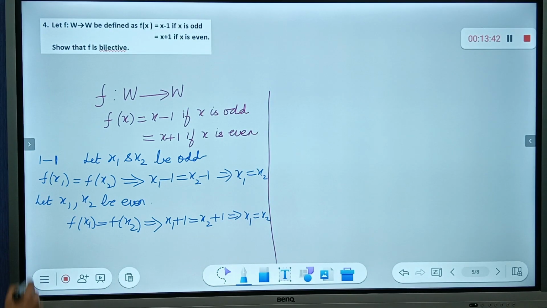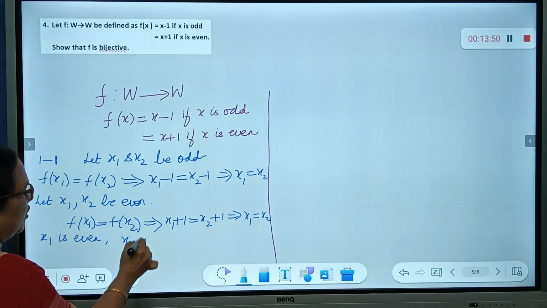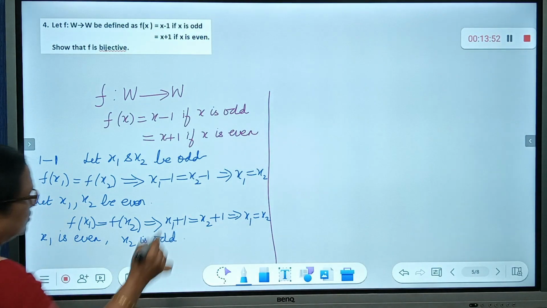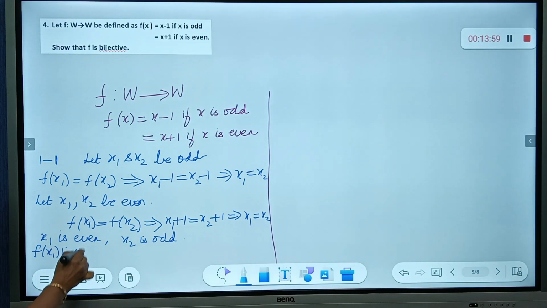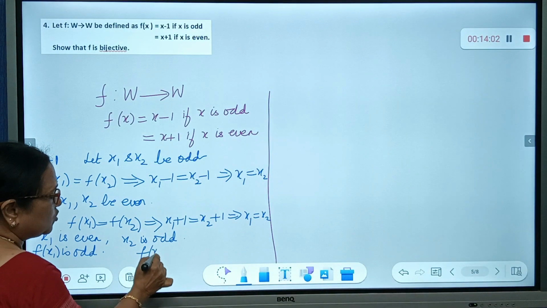Now what will happen if one of them is even and the other is odd? For example, if x1 is even and x2 is odd, then if x1 is even, f of x1 is odd. If x2 is odd, f of x2 is even.